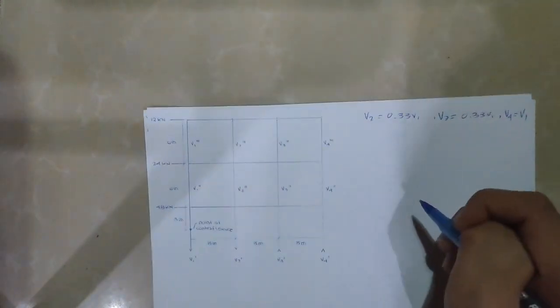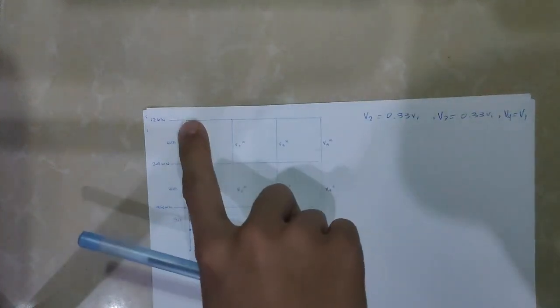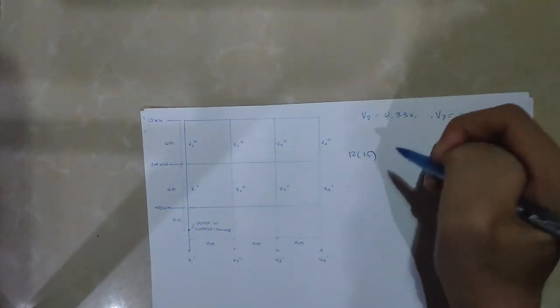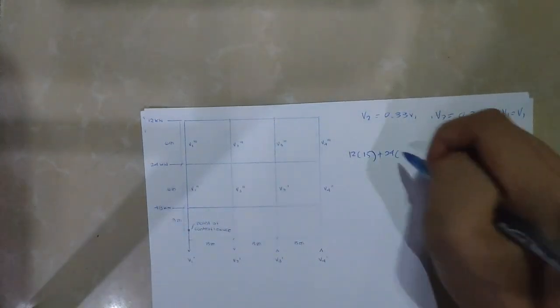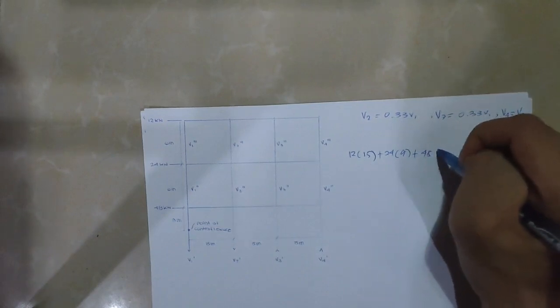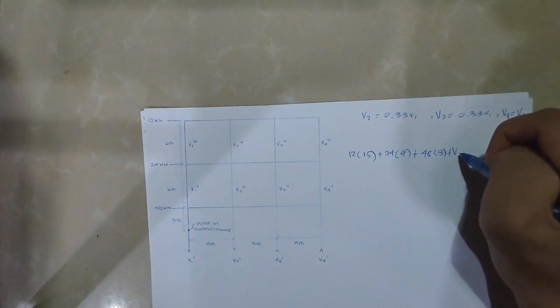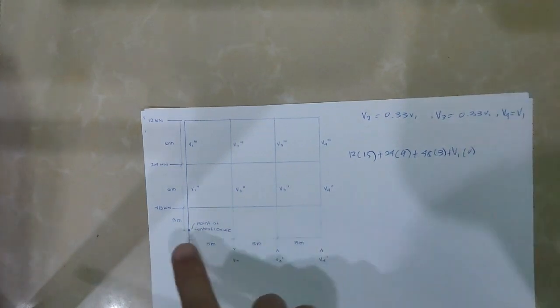So we take moment at our point of contraflexure. 12, our lateral load, times the distance 6 plus 6, 12, plus 3, 15, plus the second load, 24 times 6 plus 3, 9, plus 48 times the distance 3, and then the vertical load, plus V1 times 0 since there is no distance.